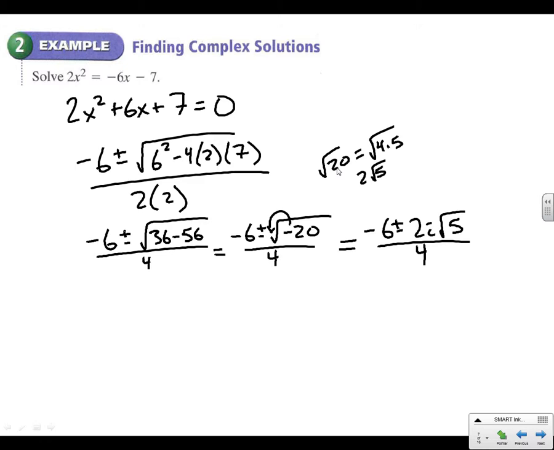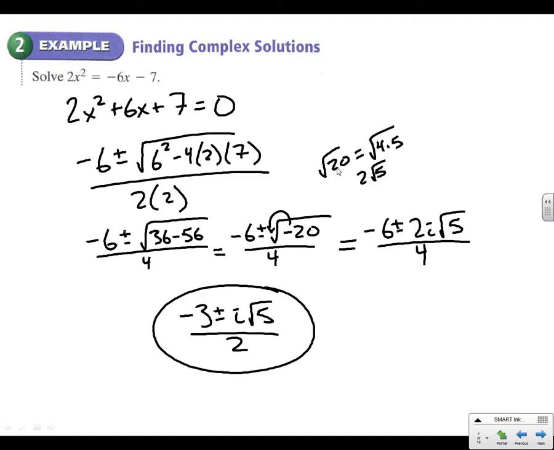All right, so now these are all evens. We're going to clean it up. Negative 3 plus or minus i root 5 over 2. And that's as far as we can go. We're going to leave it just like that. All right, so that is our answer. Negative 3 plus or minus i root 5 all over 2.